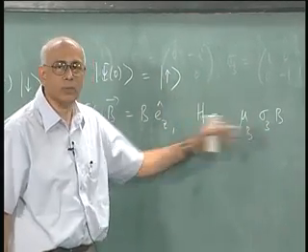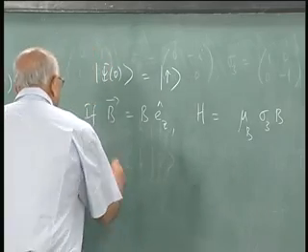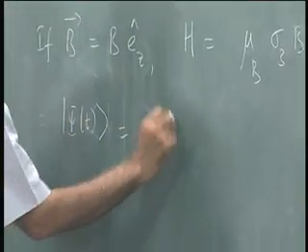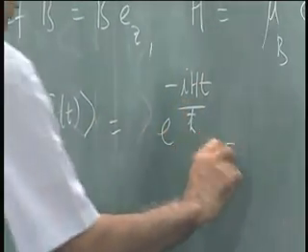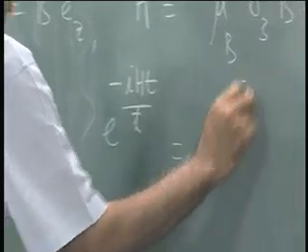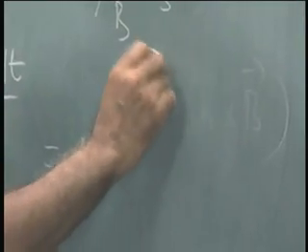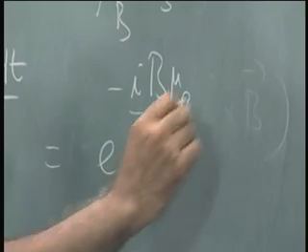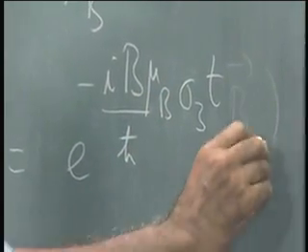So nothing is going to happen, and psi of t is e to the minus i H t over h cross. This is equal to e to the minus i mu b, I am going to find this mu sub b very inconvenient to write, b mu b over h cross sigma 3 t, acting on this state.